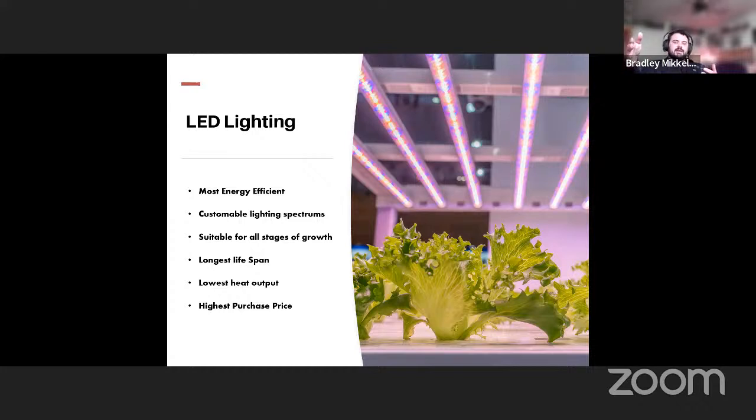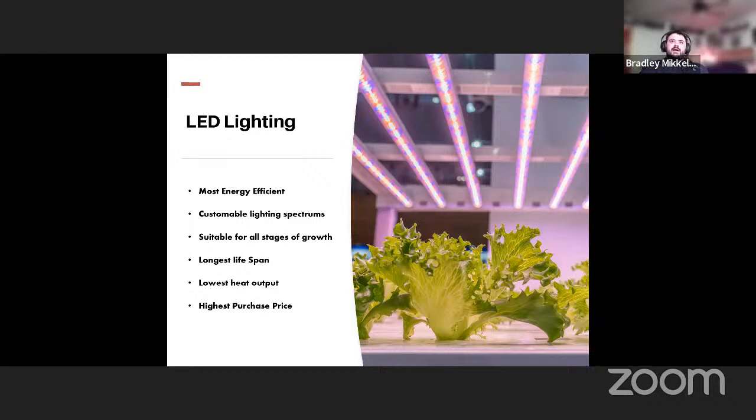With LED lighting, you can basically cut that price in half compared to a high intensity discharge bulb. So lower maintenance costs, lower cost of operation, more of a complete light spectrum. And depending on the fixture you get, there's a lot of different capabilities that these lights can have.